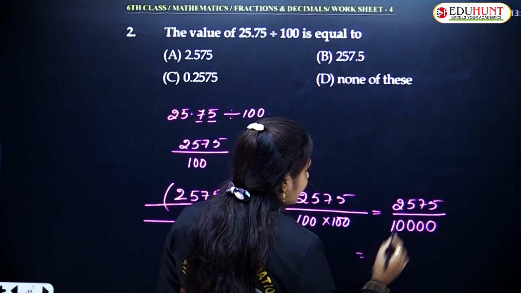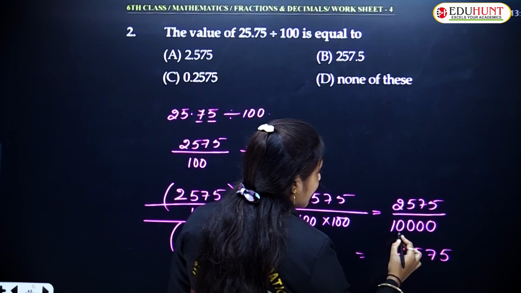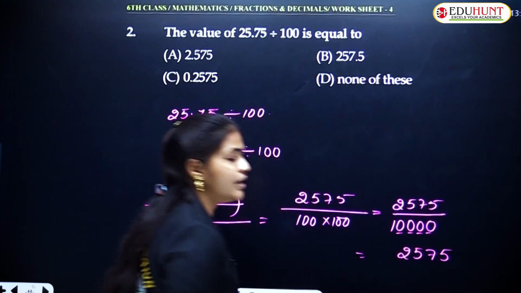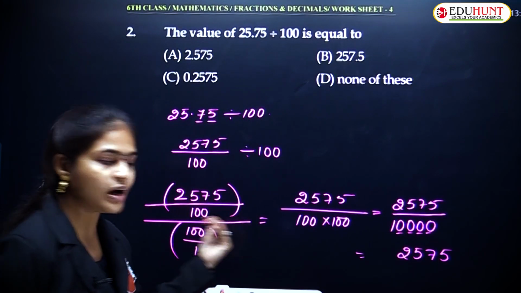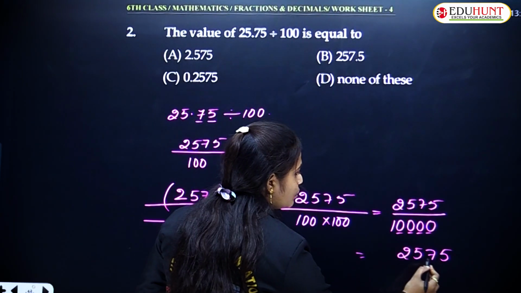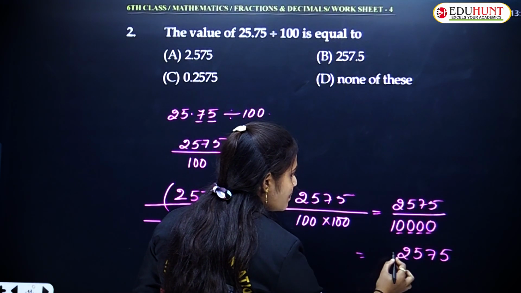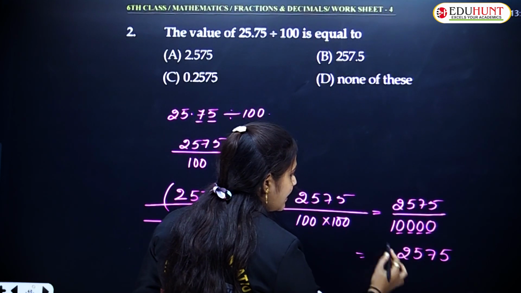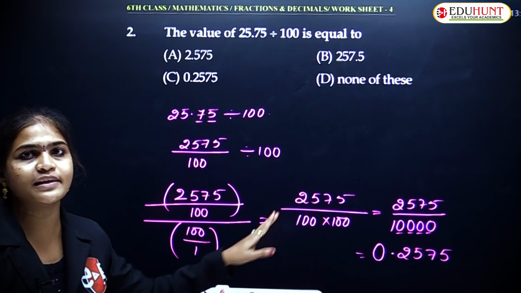So first write the number 2575. And how many zeros are there? 4 zeros. Count from right to left: 1, 2, 3, 4. So 4 digits before, you have to keep the point. And where there is no digit before the point, you keep it as 0.